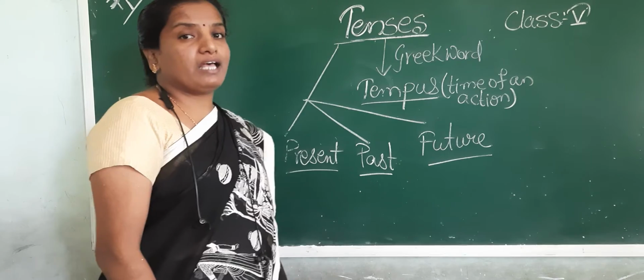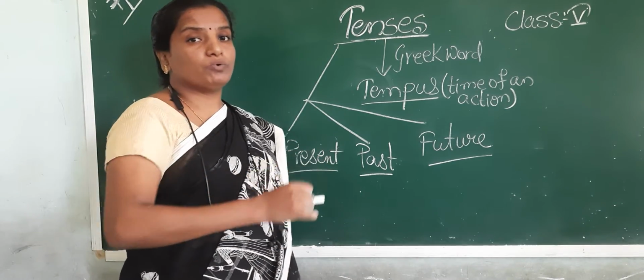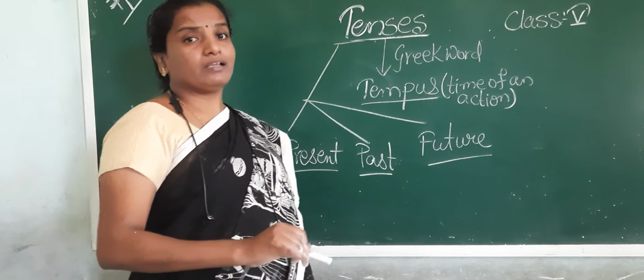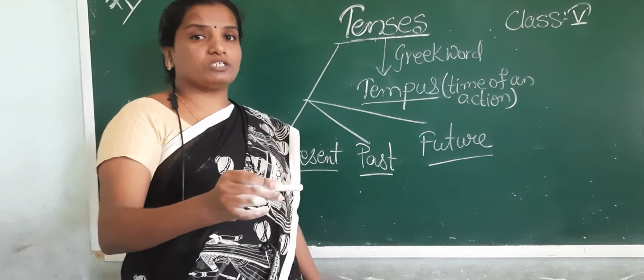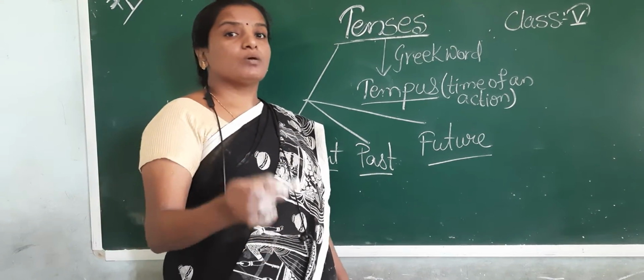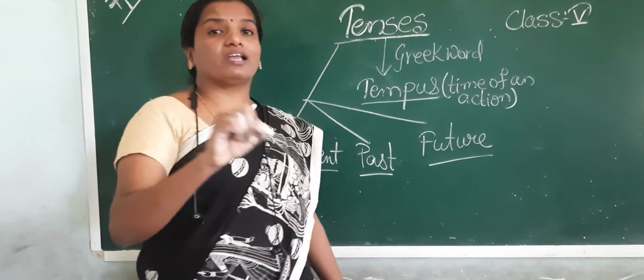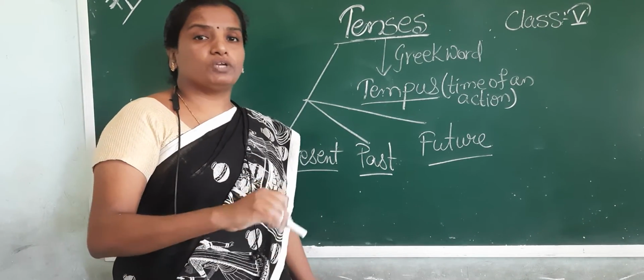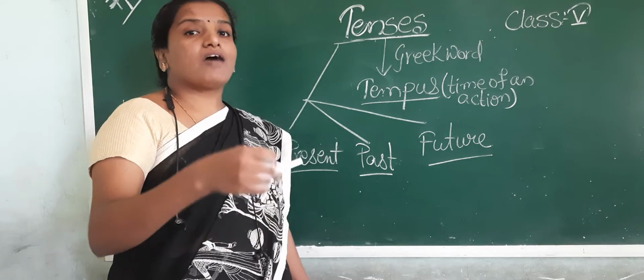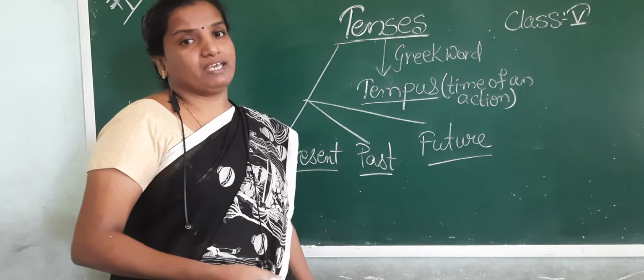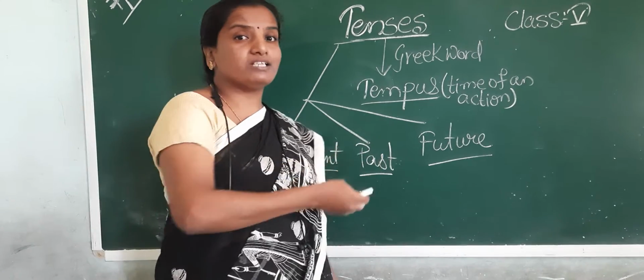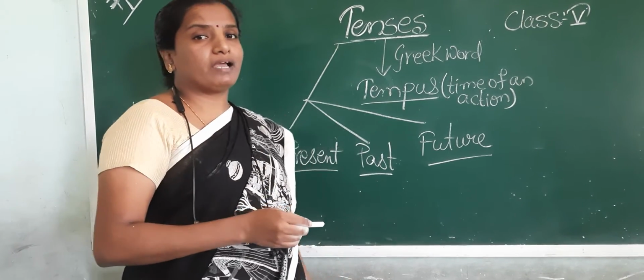So we can say that present tense is used at the time of speaking, past tense is used to denote actions before the time of speaking, and future tense is used to denote actions after the time of speaking. Now let us have a look again, children. What do you mean by tense?